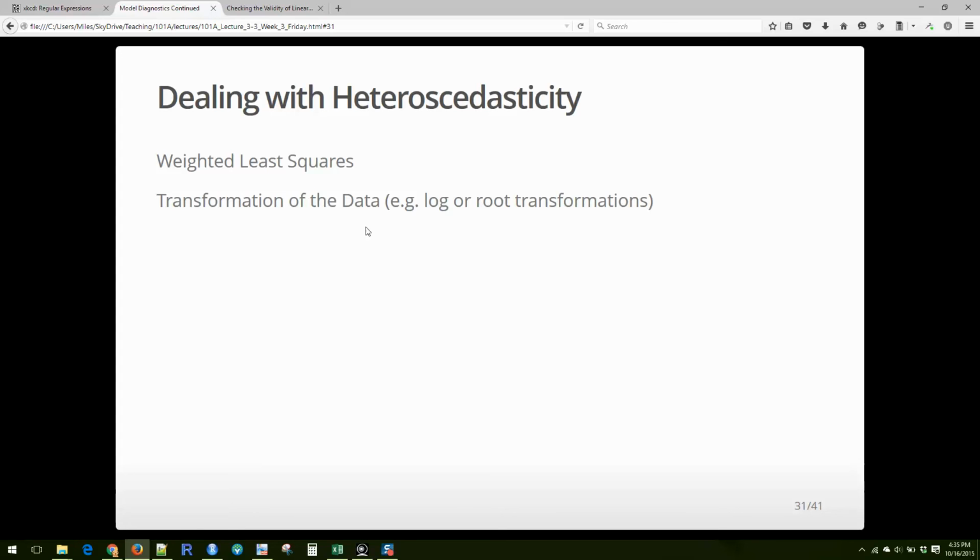So you can take the log of your x values and the log of your y values, or you can take the square root of your x values and square root of your y values. There are guidelines that exist as to whether you should use the log transform or the square root transform, and it's based on the variance that you see in your model.